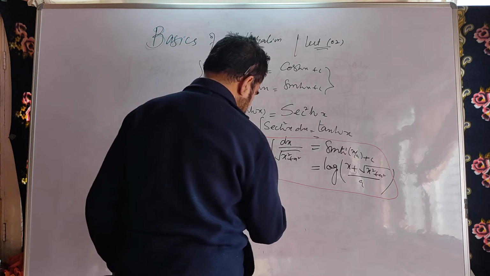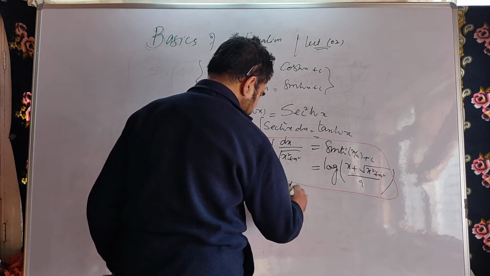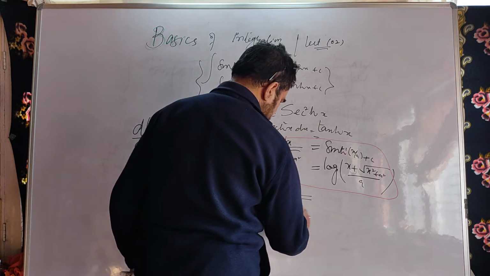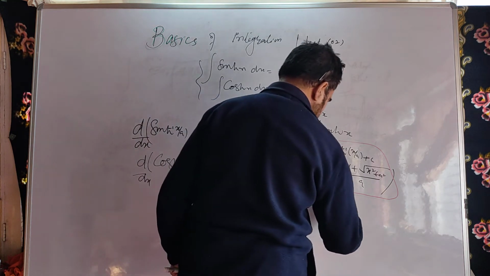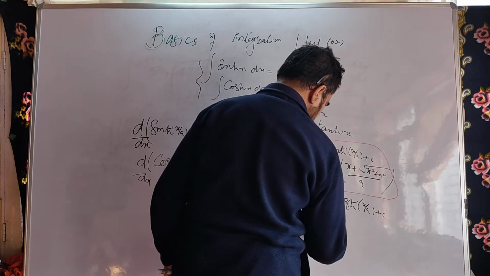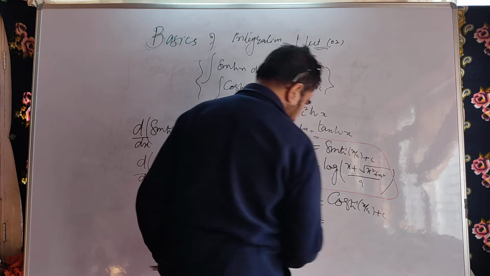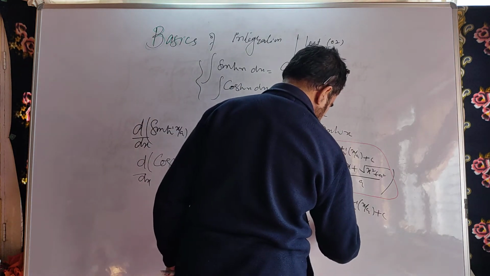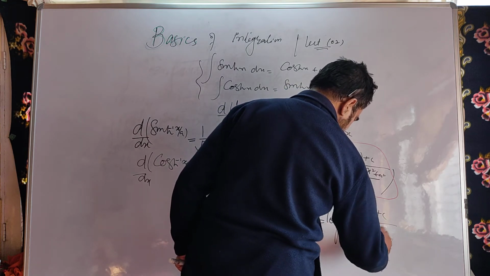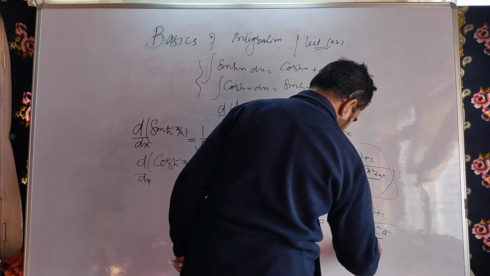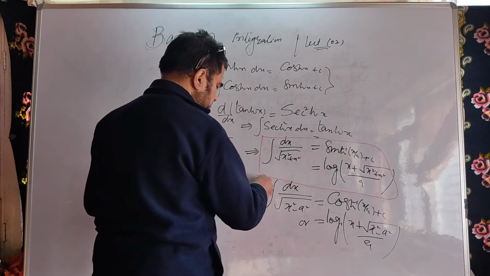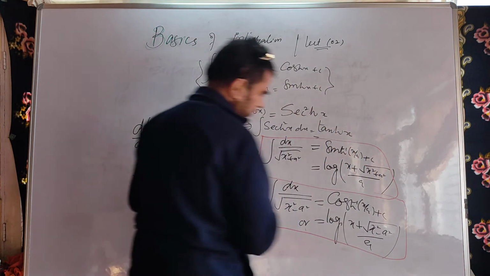So on the basis of this, you have integral of dx by root of x square minus a square, you can write it cos inverse x by a plus c, or we can write it log of x plus under root of x square minus a square by a. So you have one more formula for integration.